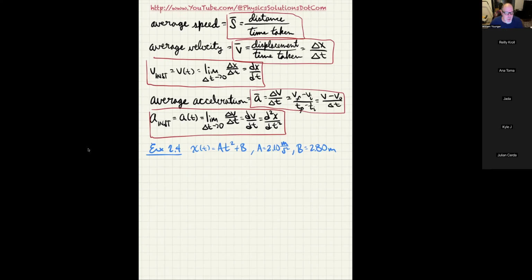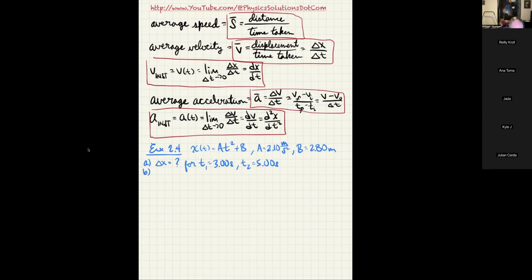It says part A, determine the displacement of the engine during the time interval from t1 equals 3.00 seconds to t2 equals 5.00 seconds. So part A is delta x equals question mark for t1 equals 3.00 seconds and t2 equals 5.00 seconds.